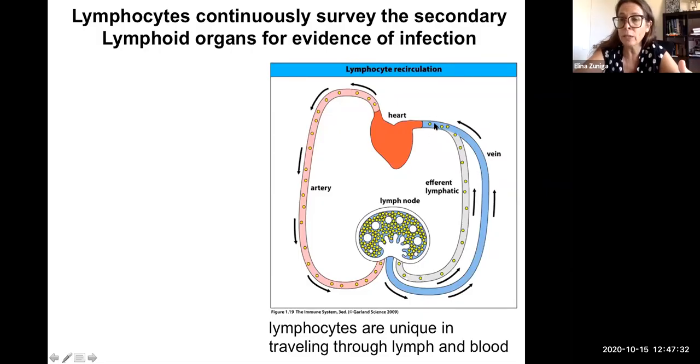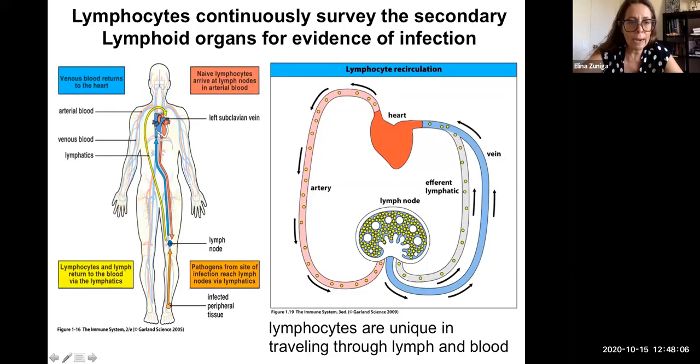And so the lymphocytes will then go into blood circulation again, and the whole process will start again. And so all the time they do that. The naive are all the time traveling through lymph and blood. And in doing so, they are surveying all these secondary lymphoid organs in search for potential antigens that may clonally select them. If they are not clonally selected, they go and continue searching.